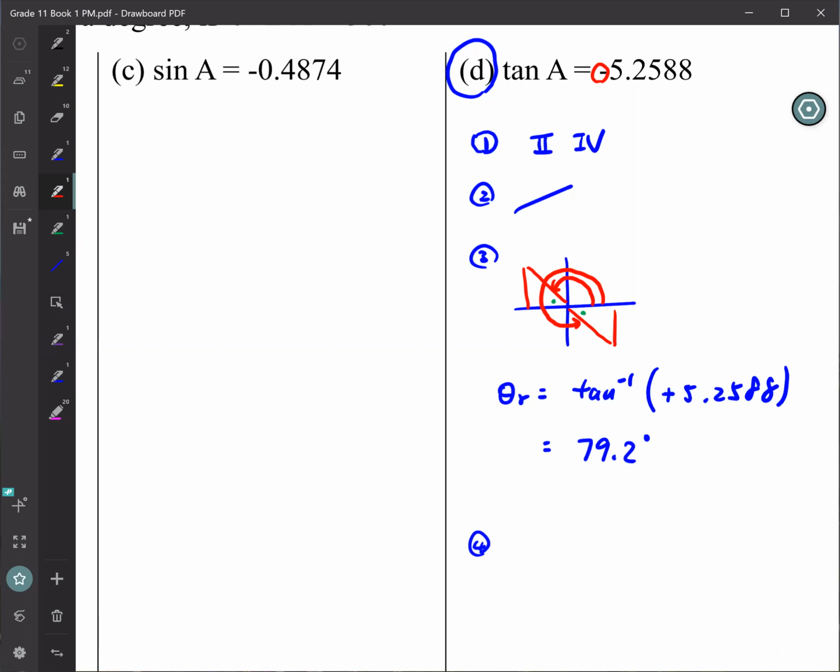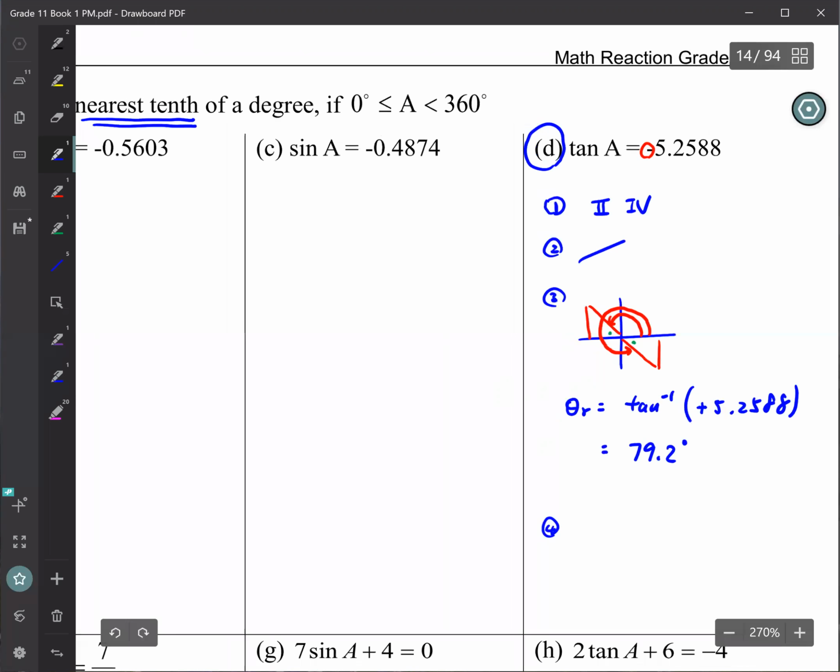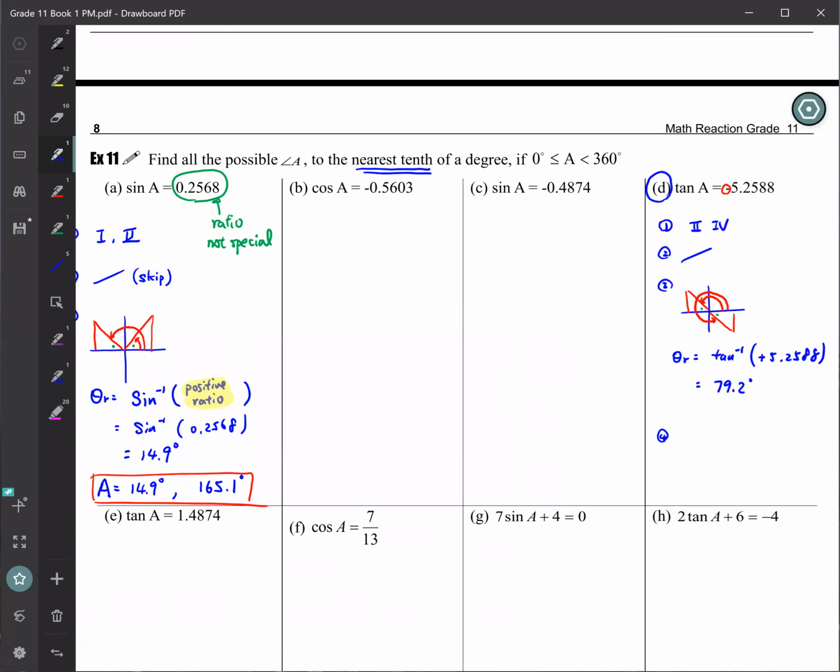So please calculate the 2 answers and raise your hand. And make sure you use the correct variable.